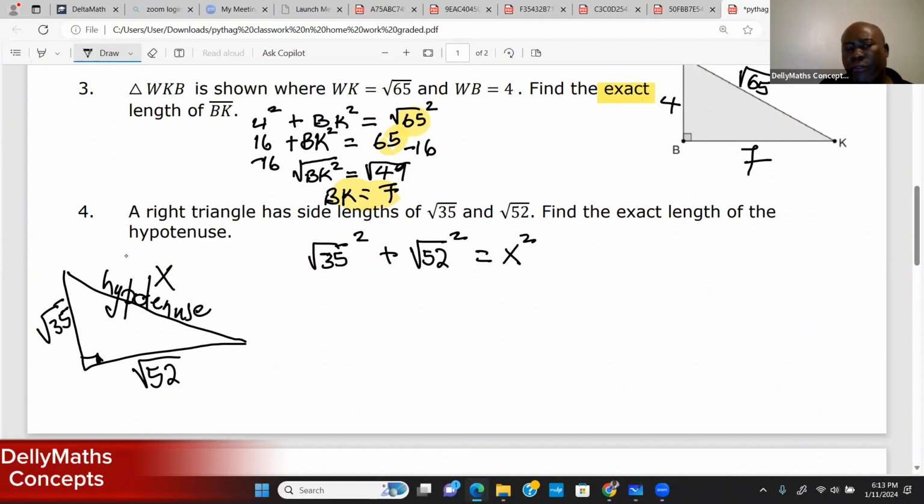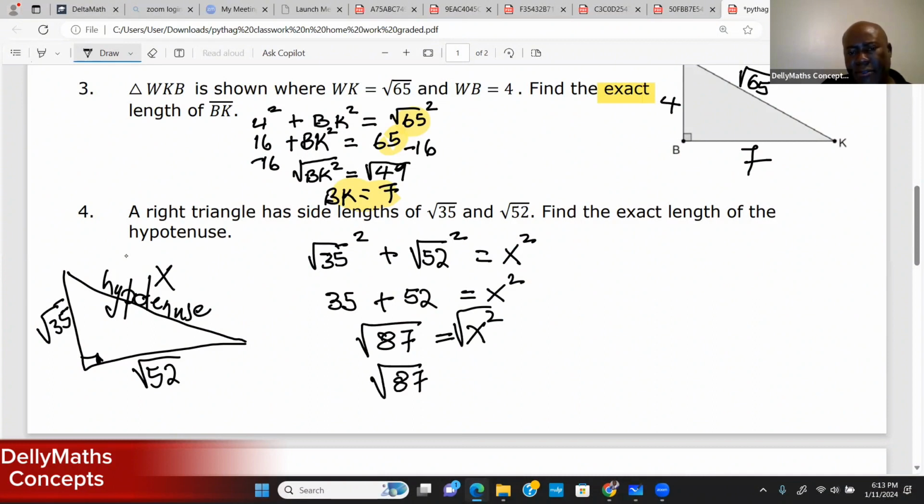Now, the square of the root of 35 is going to give 35. The square of the root of 52 will give 52. This is equal to x squared. If I add 35 and 52, I'll get 87. 87 is equal to x squared. In an effort to find x, I'll take the root of both sides. So finally, the square root of 87 is equal to x.